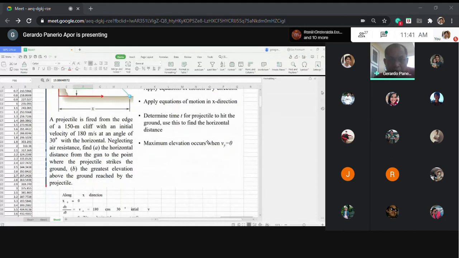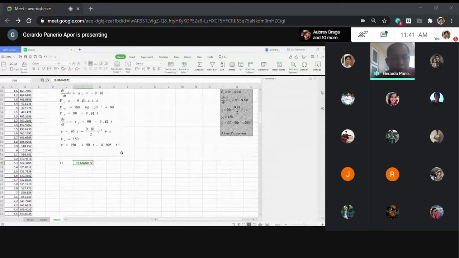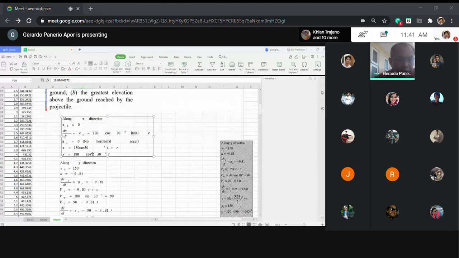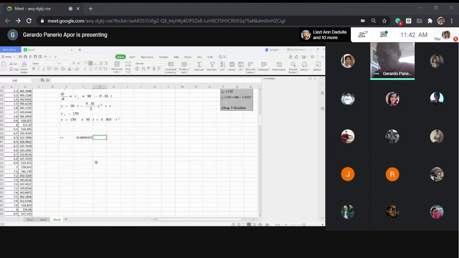Yeah, I have answered already 50%. The maximum elevation, of course, and the horizontal distance. So the total time is 19.886 seconds. If you substitute this time to your equation of x, which is 180 cosine of 30 degrees t, this is the time of the projectile in air.